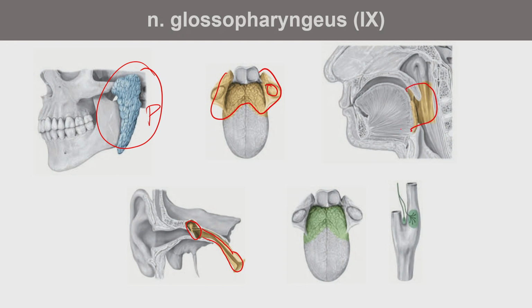Sensations in the throat, in oropharynx, and then important gustatory sensations from the base of the tongue, and viscerosensitive information from the baro and chemoreceptors. So visceral.